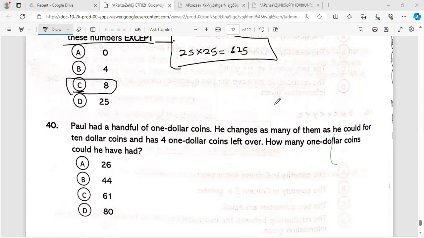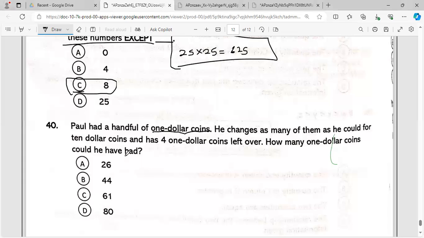I agree, guys. It says 4 coins left. I remember it was only $1, right? So you can divide the options by 10 to find your answer. So I agree. Because think about it. Let's say he had 44 $1 coins and changed them out in $10.